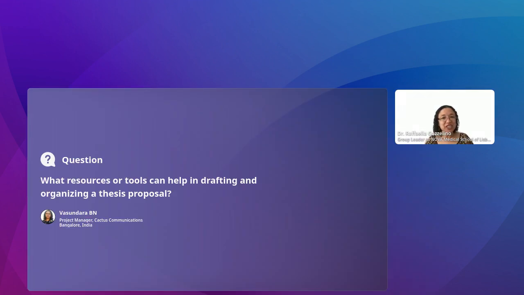Okay, so this question is, what resources or tools can help in drafting or organizing a thesis proposal? First of all, you need to look for those resources and tools in your university's department, because you need to stick to the rules of each institution on how to write the thesis proposal and how to organize it. There are different ways to organize a thesis proposal, regardless of the standard template that you might get.